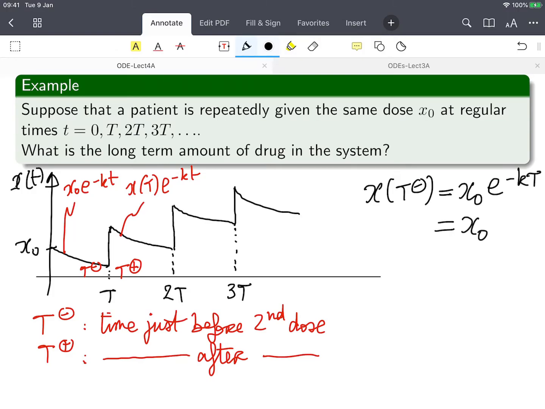It's going to prove handy later, that's just for convenience. Yeah, and you can see that r is less than 1, right? An exponential of a negative quantity is less than 1. Exponential of 0 is 1, and then it just decays.